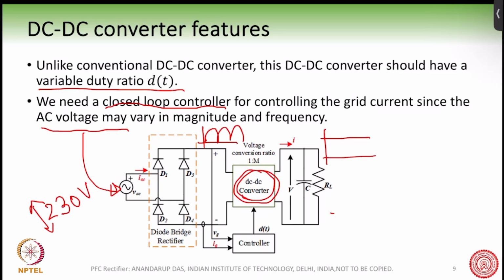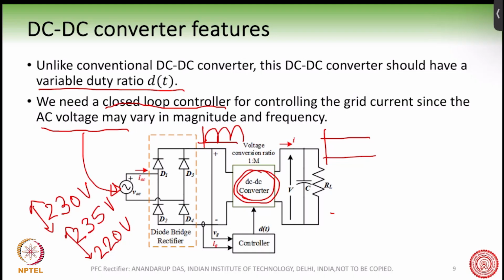For example, at night the voltage may go to 235 volt, whereas in the daytime it goes to 220 volt. So it is fluctuating, right?